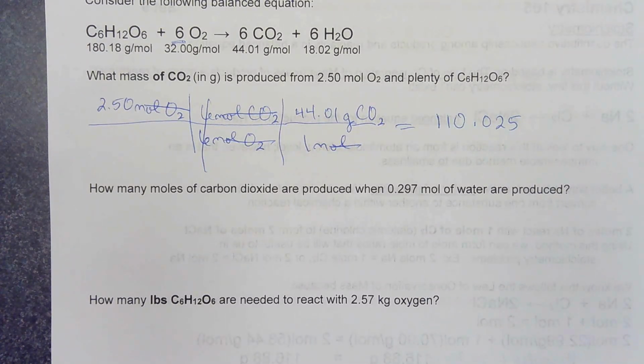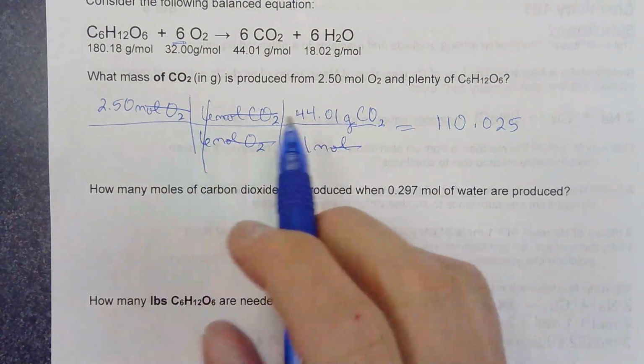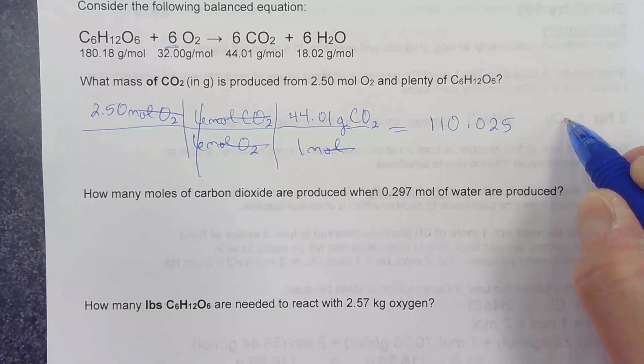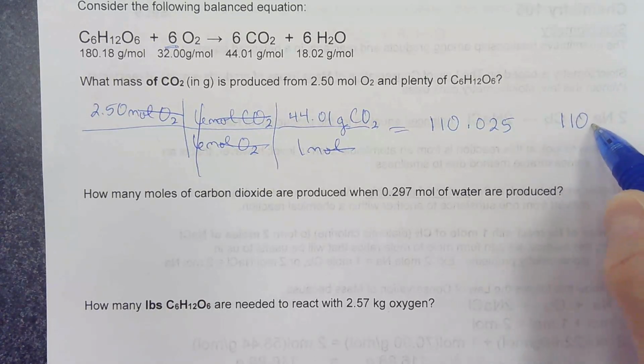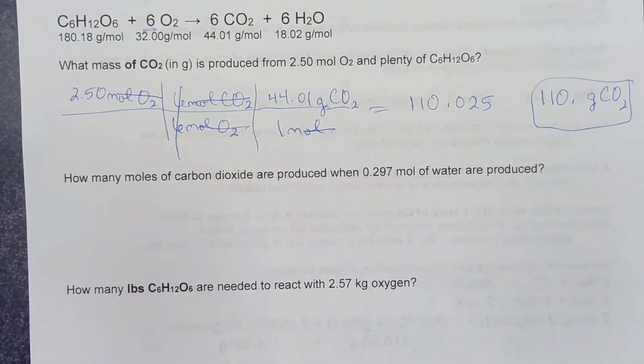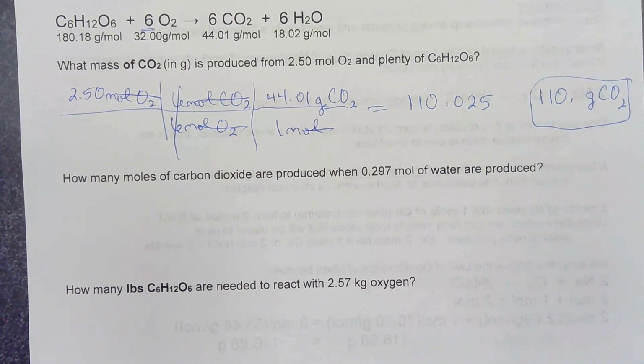How many? 3. 2.50, so 3. So what's my final answer? 110 with a decimal grams CO2. Easy enough? Does that make sense? All right, you do the next one. And the next one. See if you can do these last 2.